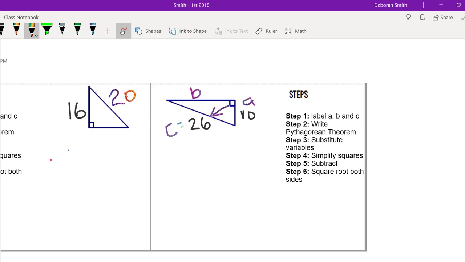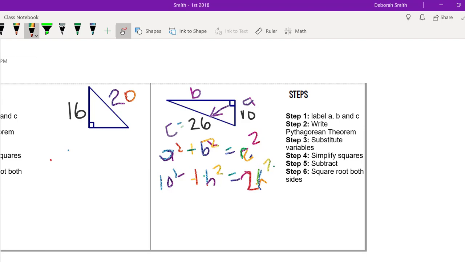So now I'm ready to write the Pythagorean theorem, so that is A squared plus B squared equals C squared. A is 10 squared plus B squared equals C is 26 and it is also squared.